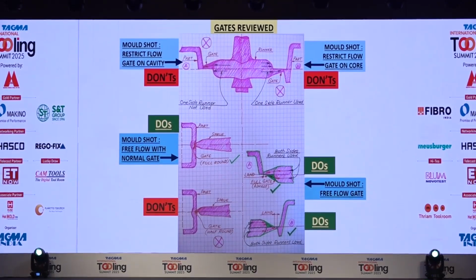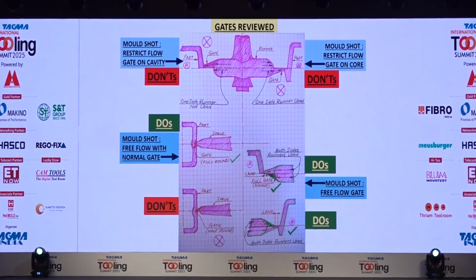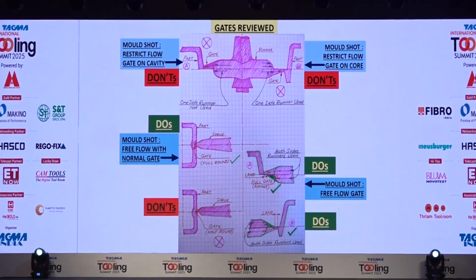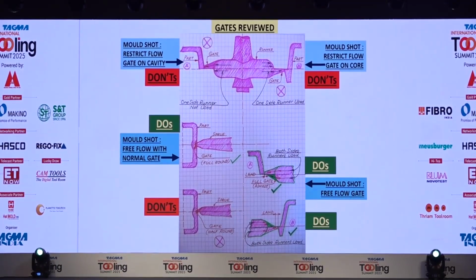These are some of the sketches. In the first sketch on the left side, the runner is made on both halves, but the gate is used on one half only. The plastic which comes to the other half bangs there, as you can see in the arrows, and does not enter or is hindered.